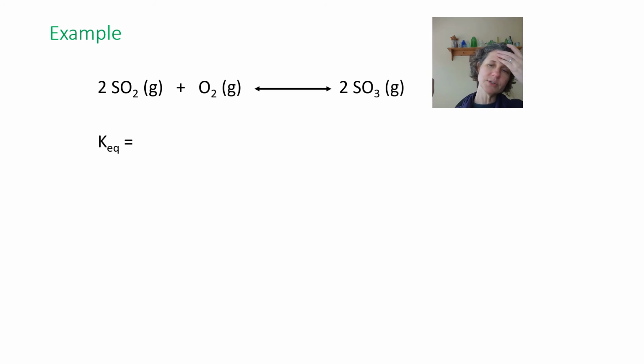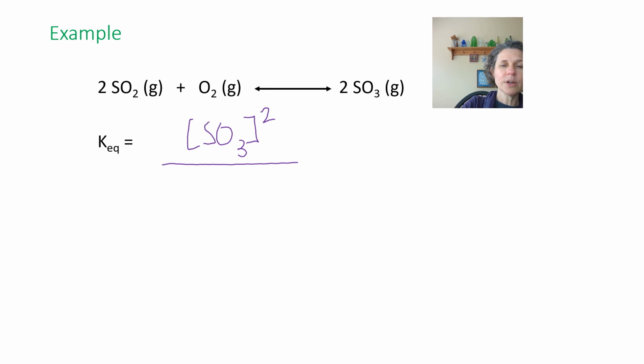When you are writing this, these are all gases, so they would be part of this. You're going to have the concentration of the product, which is SO3, and you put it in brackets because that represents concentration. I know you're used to parentheses, but write in brackets, please.